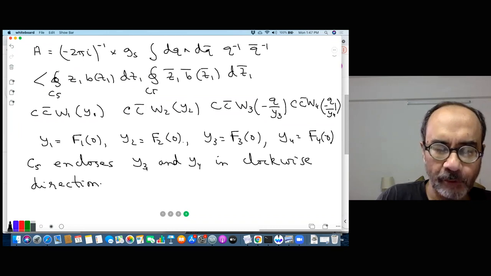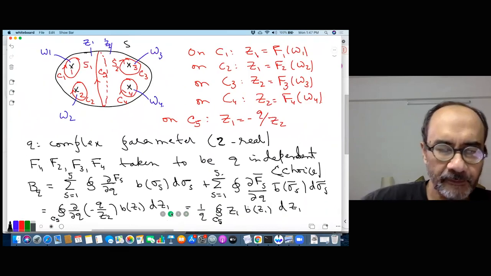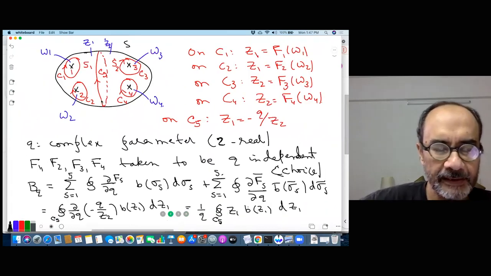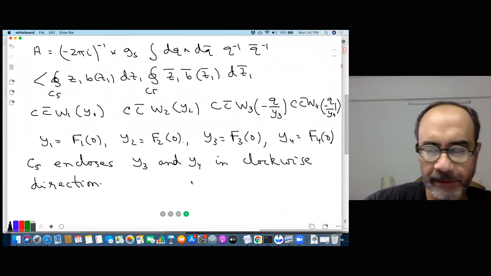We could also, of course, take it to be enclosing y1 and y2 on a sphere. If we just look at this diagram, you see that C5 has y1 and y2 on one side and 3 and 4 on the other side. So you can think of it as enclosing 3 and 4, or 1 and 2. On this side, I'll take it to be enclosing 3 and 4, but it's completely equivalent.